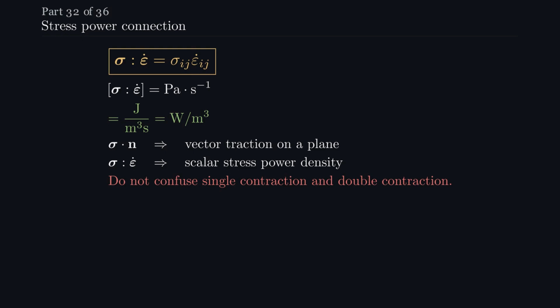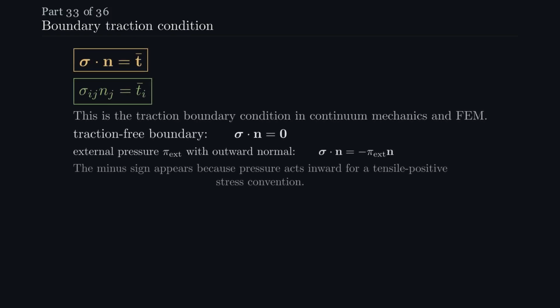Stress also appears in the stress power density. Sigma double contracted with strain rate is a scalar with units of watts per cubic meter. This is different from sigma dot n, which is a vector traction on a plane. The distinction between single contraction and double contraction is essential. On the boundary of a solid, the prescribed surface traction is written sigma dot n equals T bar.